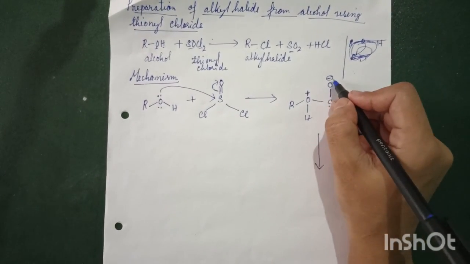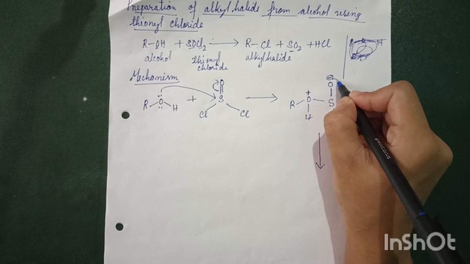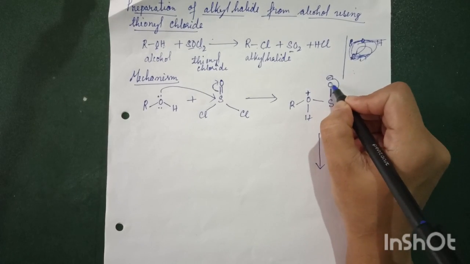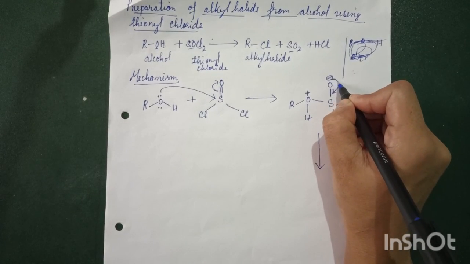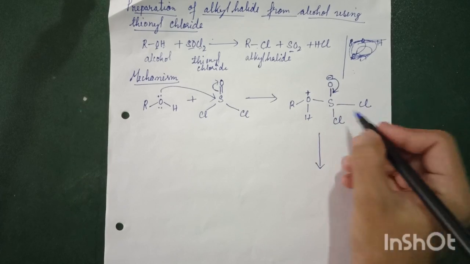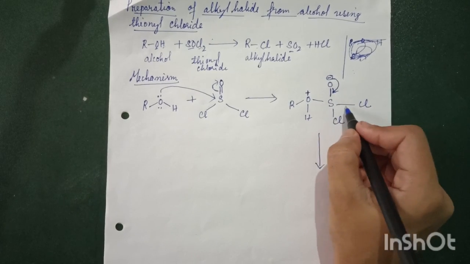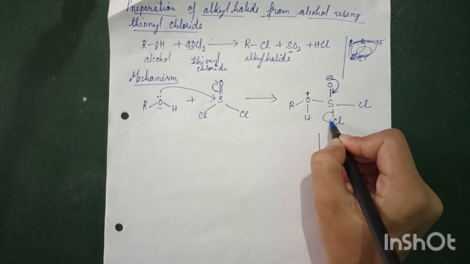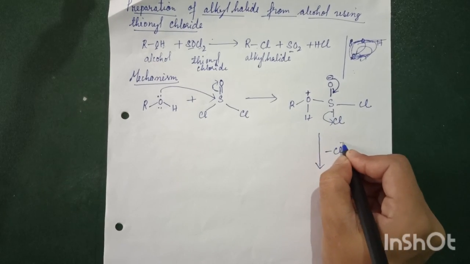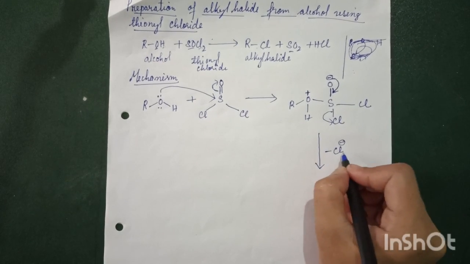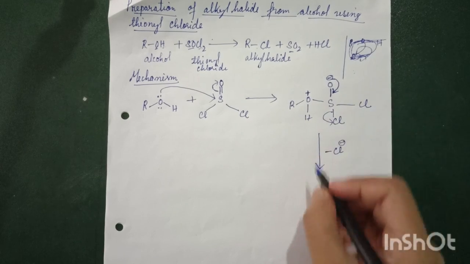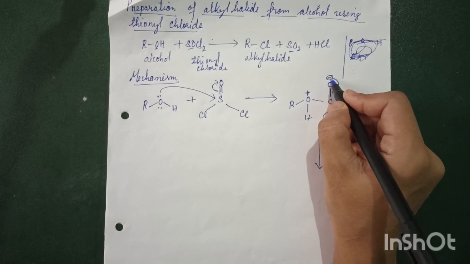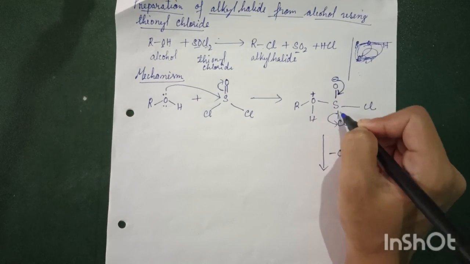Now this negative charge, that means the lone pair of electrons, will shift here and form a pi bond, and this chlorine, being a good leaving group, will leave as Cl minus, because this lone pair will form a pi bond, so it has to shift.